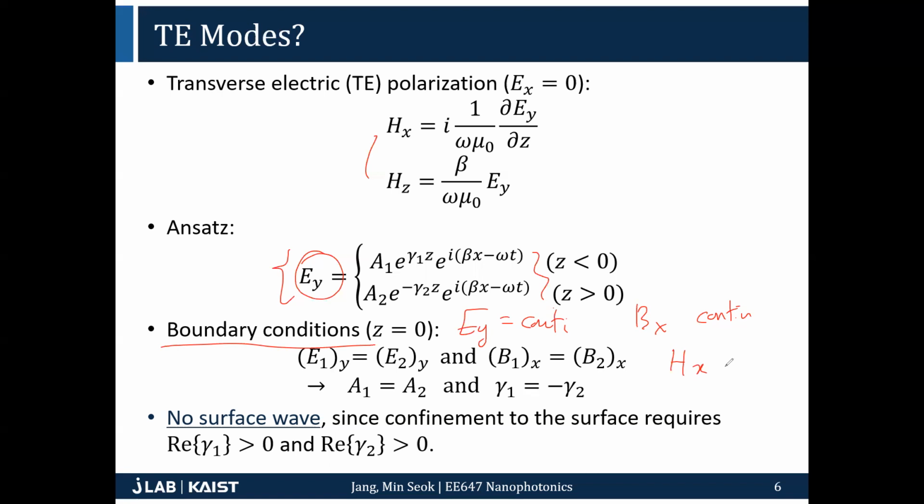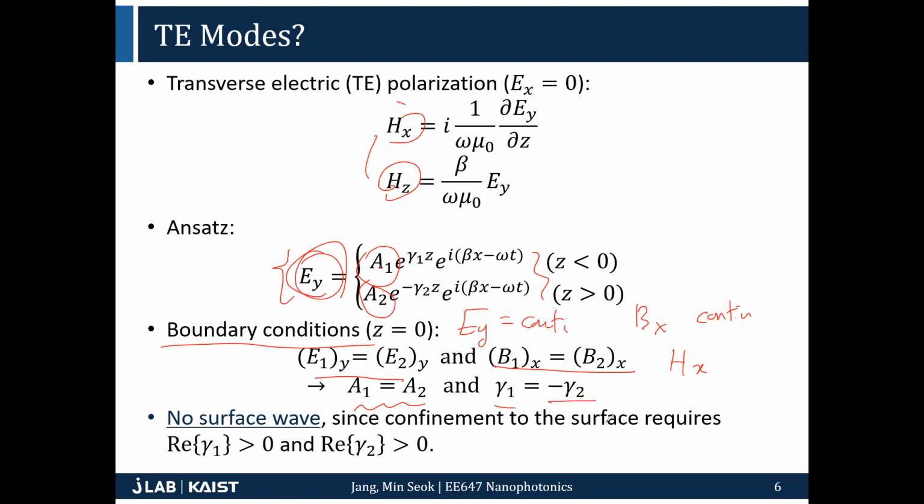HX is continuous, but BX is also continuous if these two materials have the same permeability, right? So if you apply these two conditions, and using this equation and these two equations, what you get is that the amplitudes A1 and A2 must be the same in both regimes, and gamma 1 is equal to minus gamma 2.